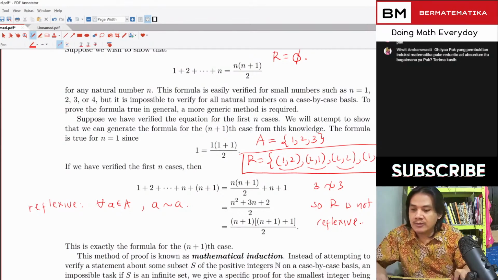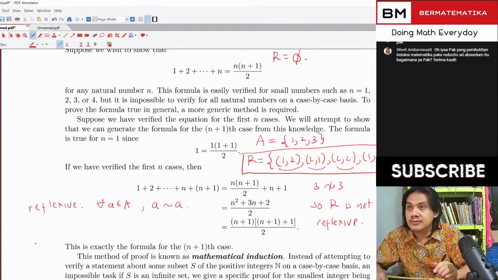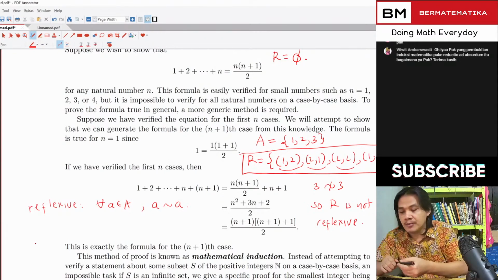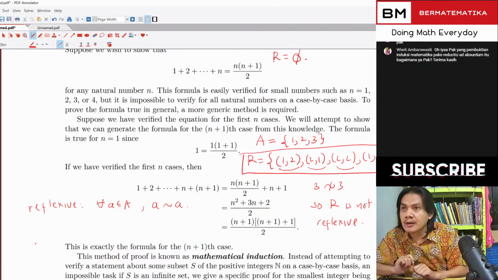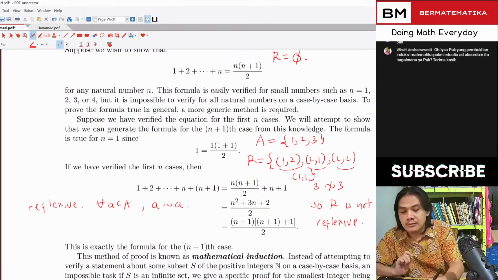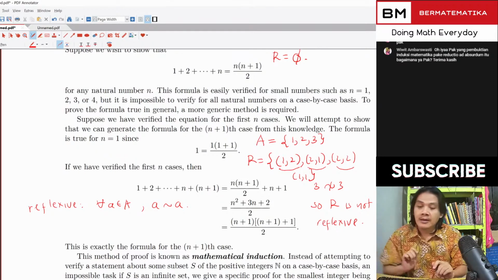Oh, okay, you cannot see this part, so it's getting chopped off a little bit here. So this should be (1, 1) here.